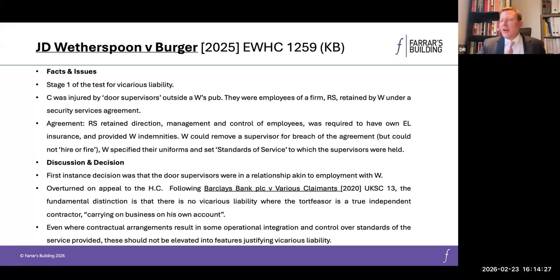So the decision clarifies contractual arrangements don't automatically create relationships akin to employment, even though those contractual obligations might include operational integration, might include some degree of control over service standards. So it's a further useful case in relation to fortifying the independent contractor defence and avoiding a vicarious liability finding.